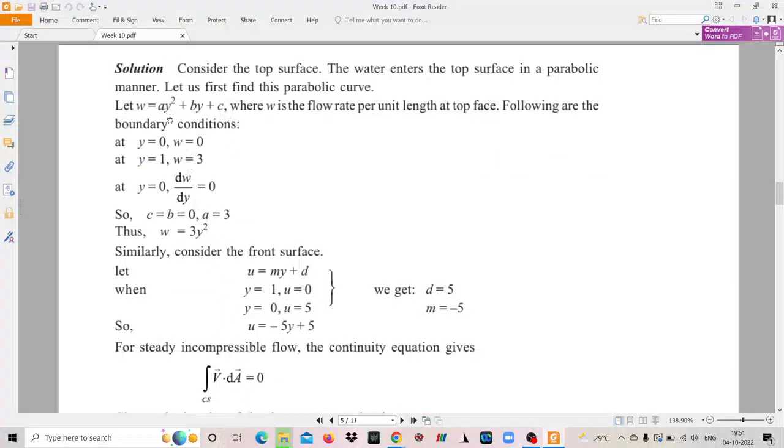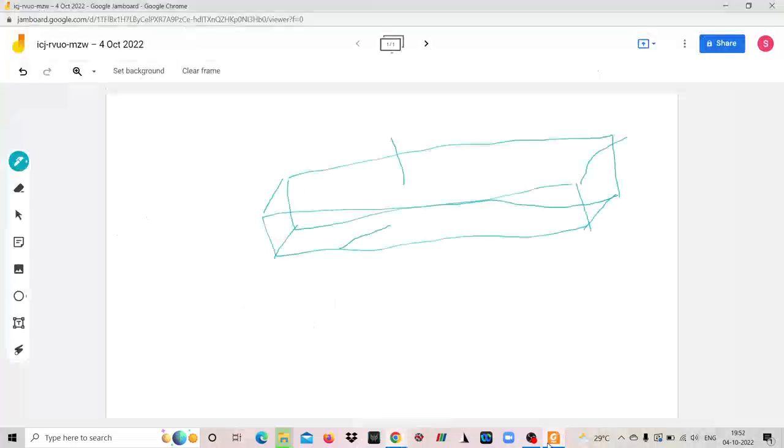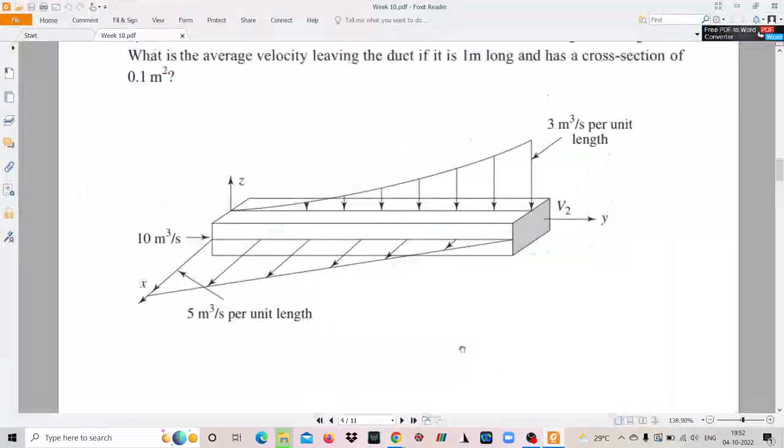Now in order to determine a, b and c, you need three equations. The first equation: this distribution is w. At y equal to 0, the value of w is 0.